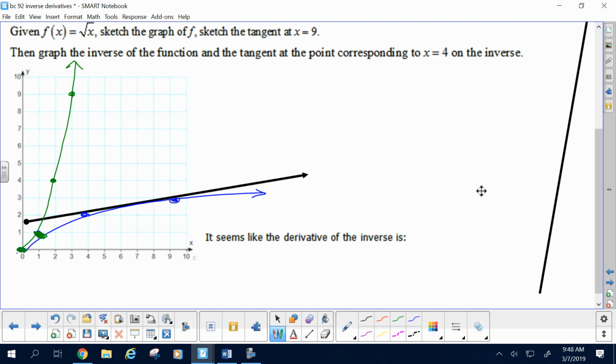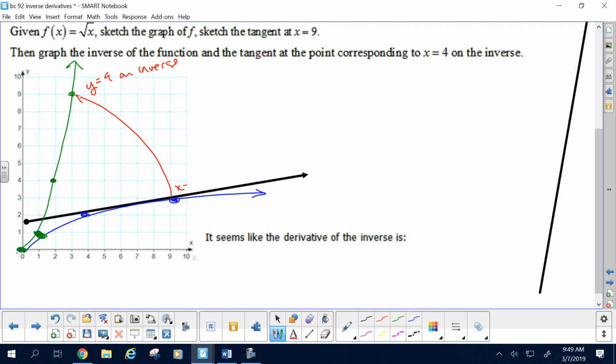Now, the idea of the slope of the inverse. The question of the day is what happens when you take the derivative of an inverse function, okay? Now, first and foremost, we're going to have a little switchy switch. If I want to relate these two, then an x of 9 on the original would correspond with a y of 9 on the inverse.